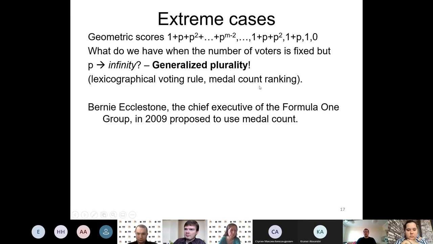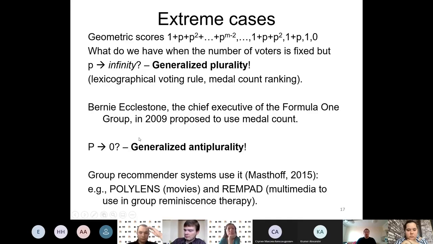This rule is also known as median count ranking, and actually in Formula 1 it was proposed in season 2009, but then at the last moment they changed it to another vector. Also, if p goes to 0, we have generalized anti-plurality. It can be important in some group recommender systems.